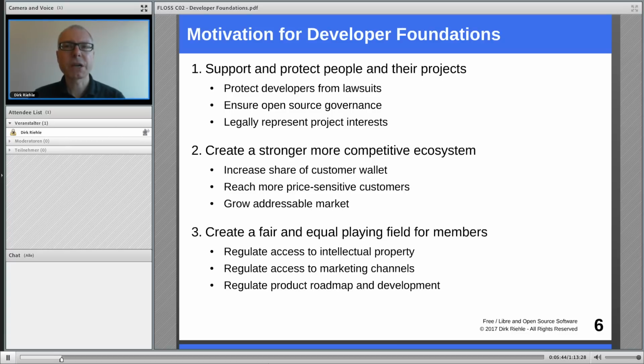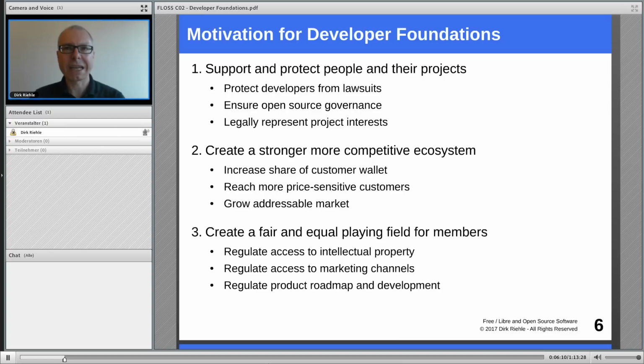Then, as an organizational measure, open source software foundations have the purpose, or are motivated as a means, to create a fair and equal playing field for the members of the foundation. The assumption, of course, is that that's the intent, so the foundation needs to be done right, and then it can provide a fair and equal playing field.